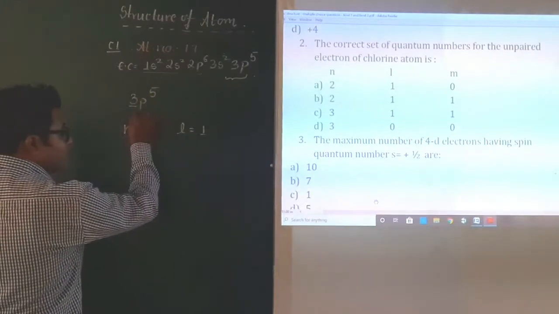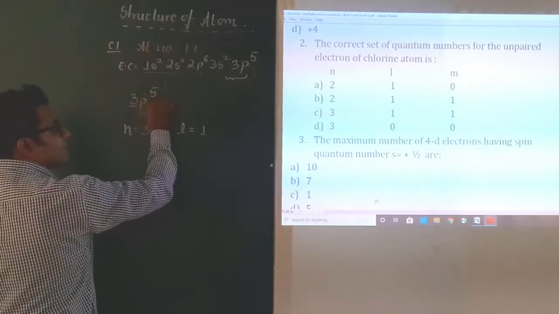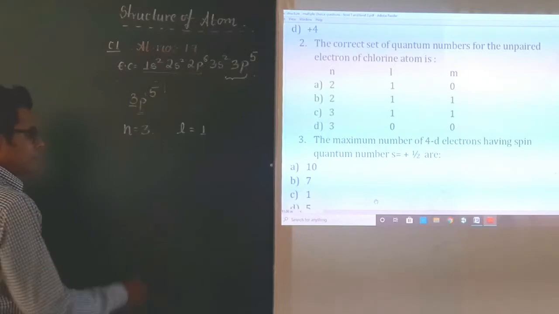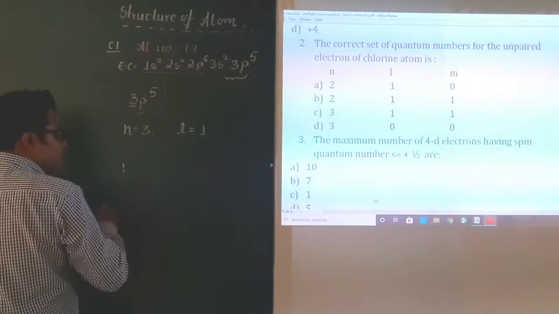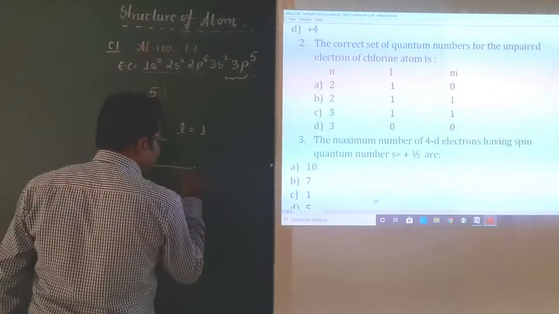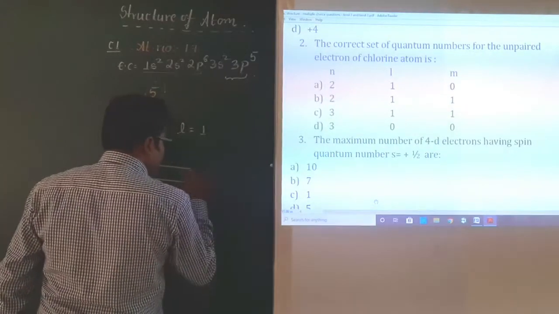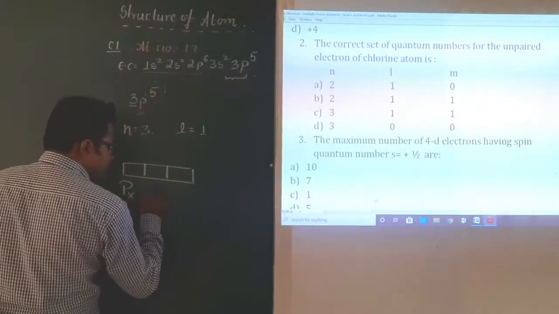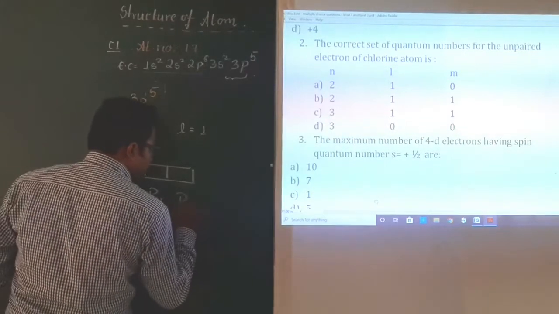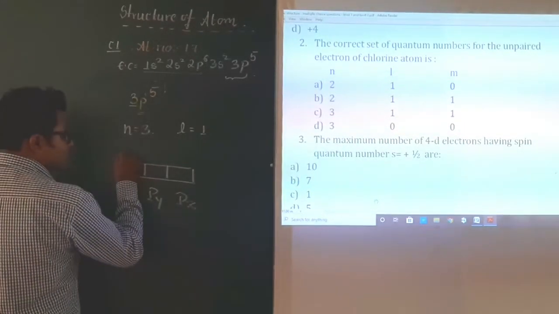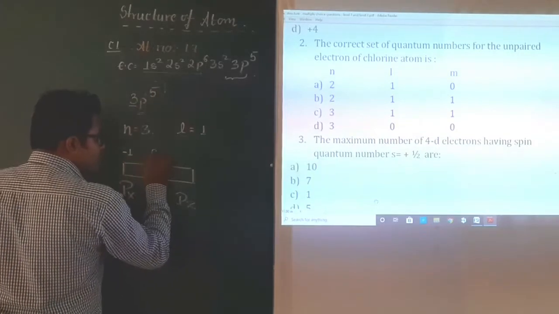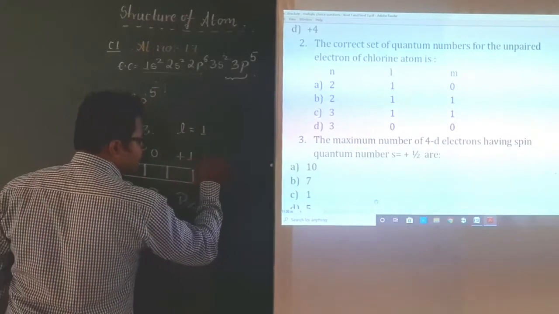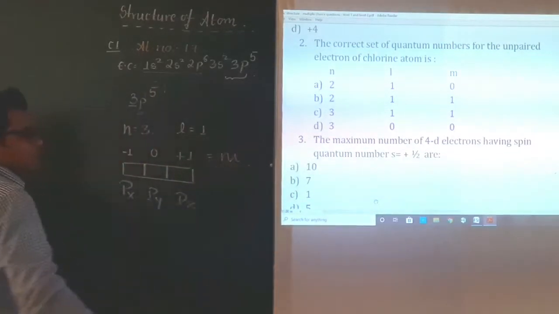Now we need to understand how we are going to fill these 5 electrons in the p orbital. The p orbital is going to have px, py, pz. I can also call it -1, 0, +1 with respect to the magnetic quantum number, that is m.